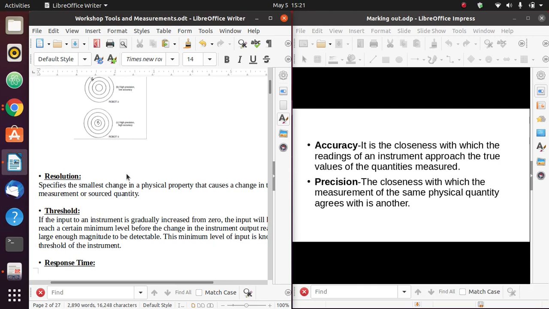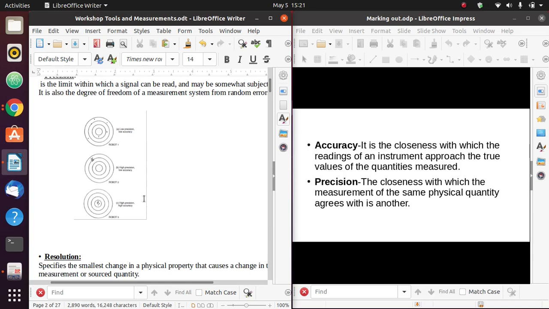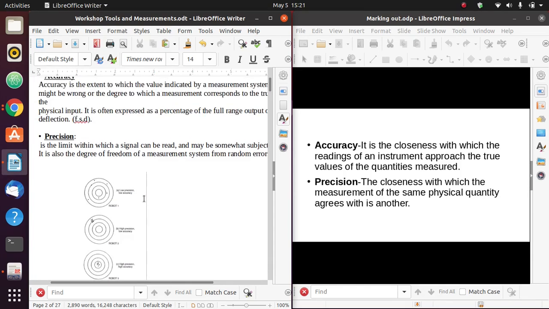For those who do marksmanship, those guys who practice like police, for you to be qualified as a good sniper, or a good marksman, how close you shoot your groupings together is what determines how precise you are. Yeah, so when you measure a quantity, how close these quantities are to each other is what we call precision. It is a limit within which a signal can be read.